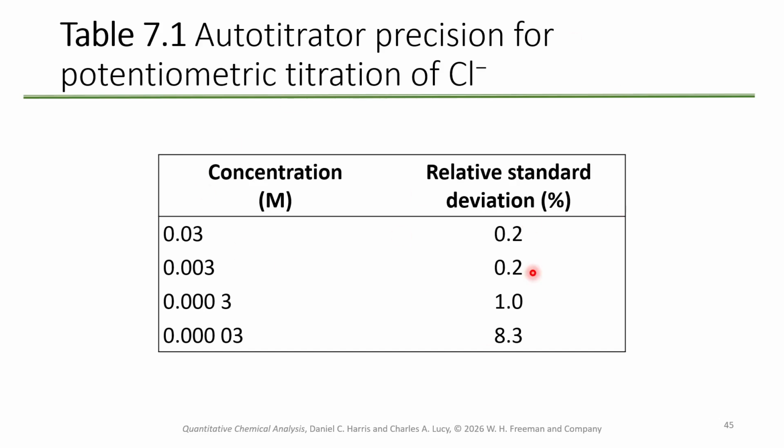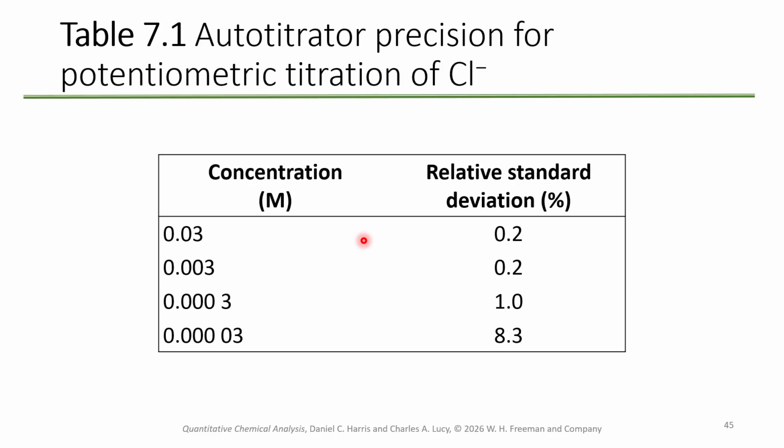All right, so this is the auto titrator precision for this potentiometric titration of chloride. This would be your different concentrations, and this would be your relative standard deviations, your percent standard deviations. Notice as long as you have a reasonably high concentration, when you're doing a potentiometric titration, it's going to actually be pretty good. Those are actually pretty good relative standard deviations.